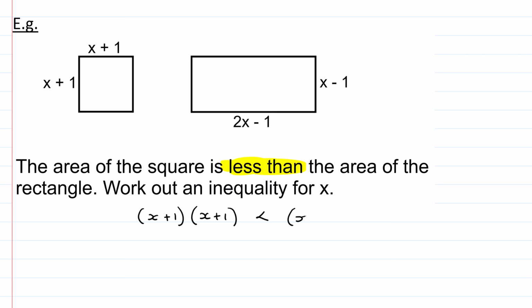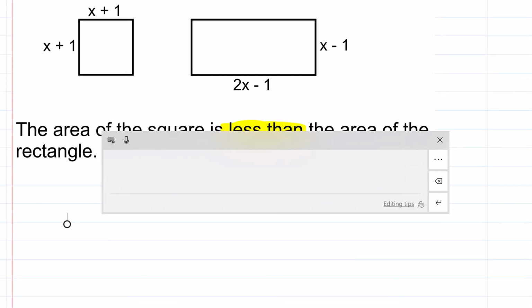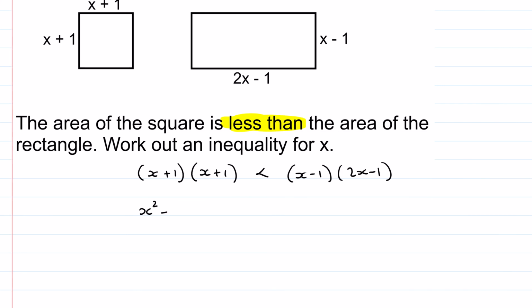the area of the rectangle, which is x minus 1 times 2x minus 1. Then you will multiply out the bracket. I've got x squared plus x plus 1 is smaller than 2x squared minus 2x minus x plus 1. I always want to keep the x squared positive, so I'm going to take the smaller x squared away, and let's keep it like this.